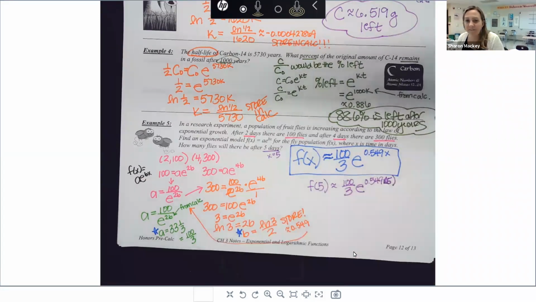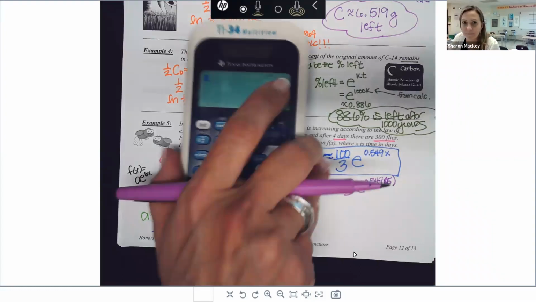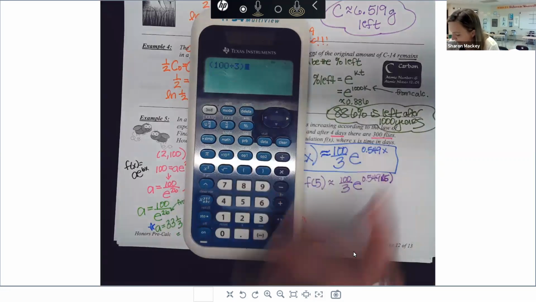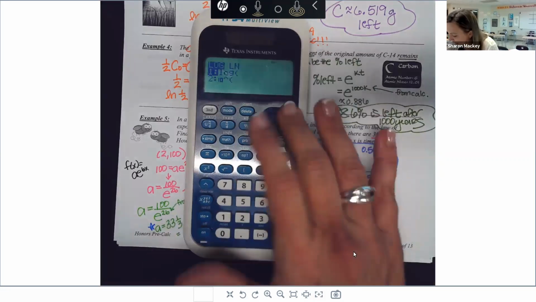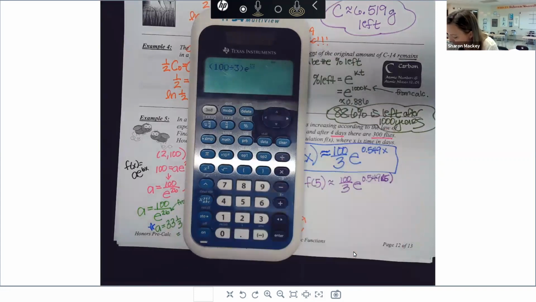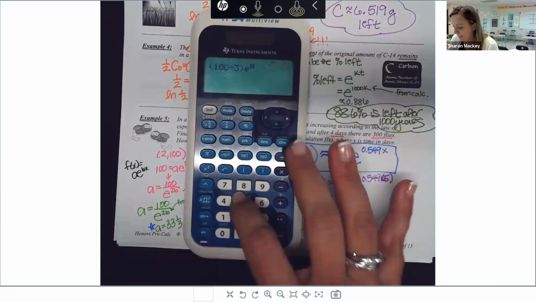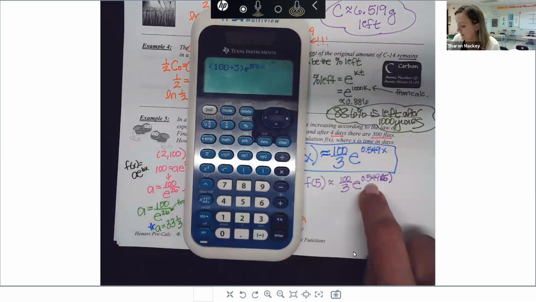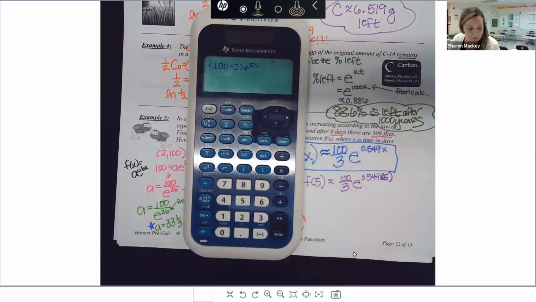So instead of 0.549, if it's still in my calculator, I'm probably just going to use that to punch in. So I'll take 100/3 times e raised to the 5x in that case, because we have that x stored in the calculator. Because remember, this 0.549 was that value that we had stored.